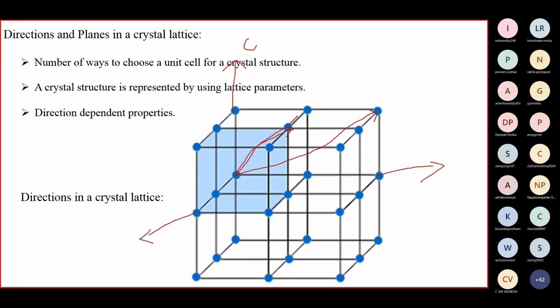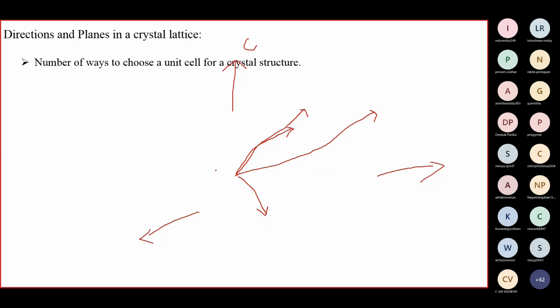This is a different direction. Sir, but you can have only 6 such directions, no, sir? Wait. This is a different direction. See, as you vary your origin to any of the connecting points, the direction keeps on varying. For example, I'll give a very simple one.